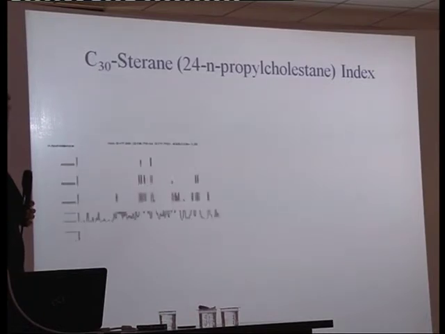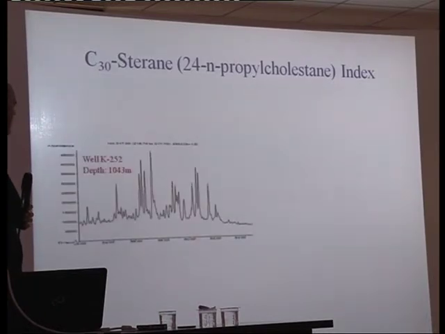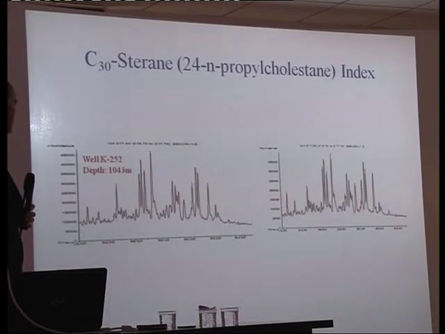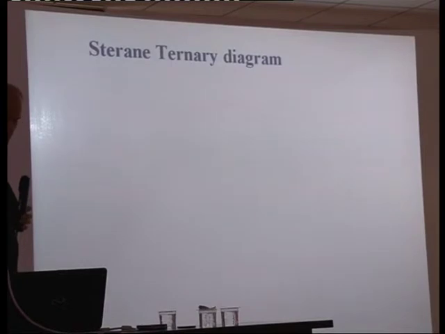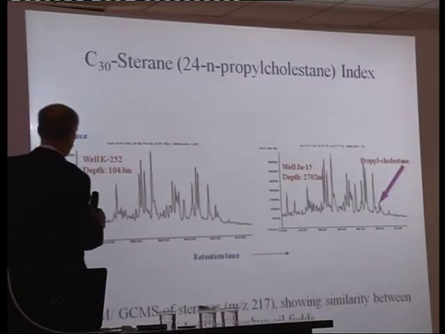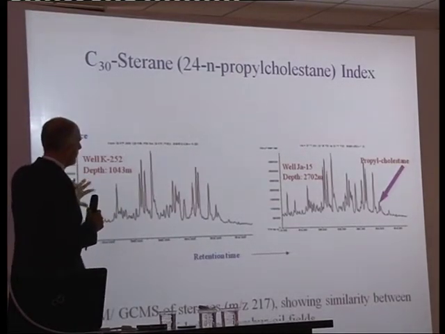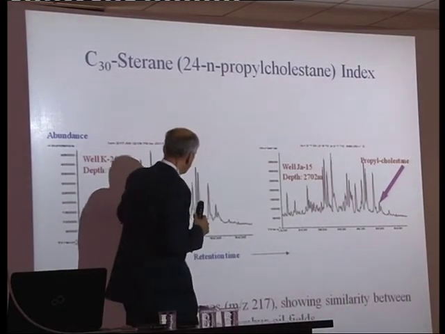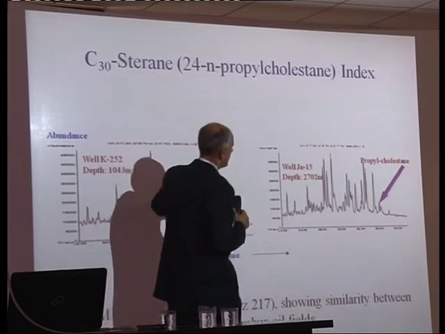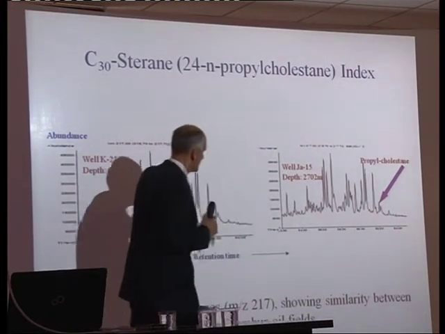Also, we can use the 24-normal propylcholestane index, as we said. It is one of the isomers of steranes. You can follow it using m/z 217, and later on you will find propylcholestane, because we said we have cholestane, methylcholestane, ethylcholestane, and later propylcholestane here.